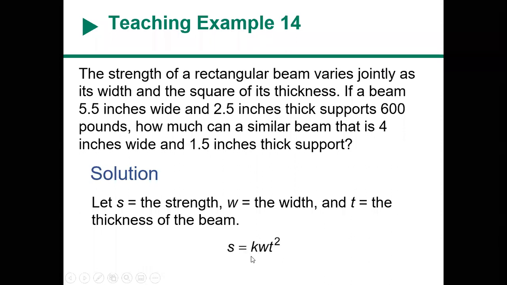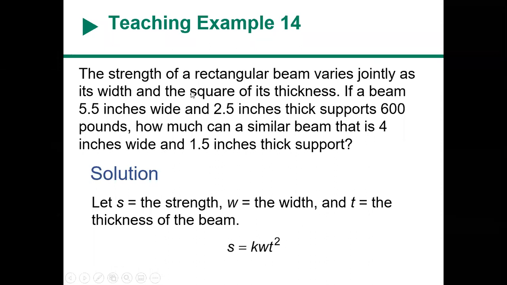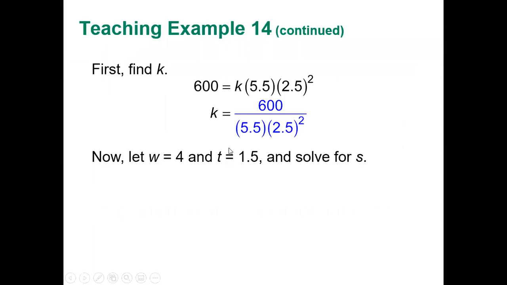All variations are going to have a K, and you have to solve for K. And they give us enough information to solve for K. So they give us our 5.5 inches width, our 2.5 inches thick, and our 600 pounds. So they give us 3 variables to solve for that one unknown variable. And once we have that one unknown variable, we can then set up our equation to solve for the rest, which is exactly what we did.